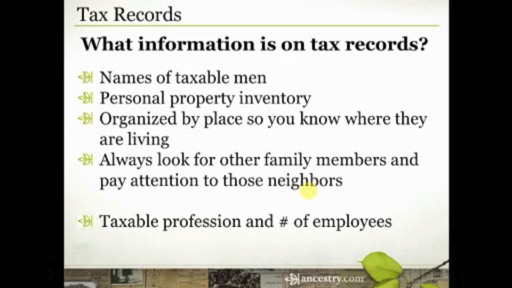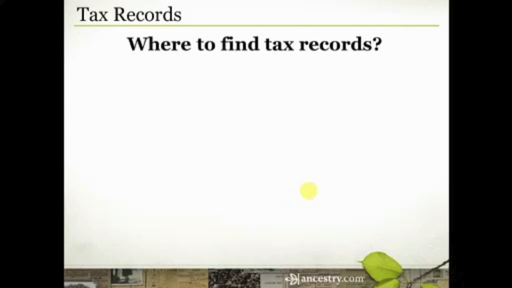There are sometimes different tax structures, just like today, based on that. And so there are sometimes clues there to the kind of occupation that your ancestor may have engaged in, and based on if it was a taxable profession and they had employees, you get some insights into the success of their business or not.